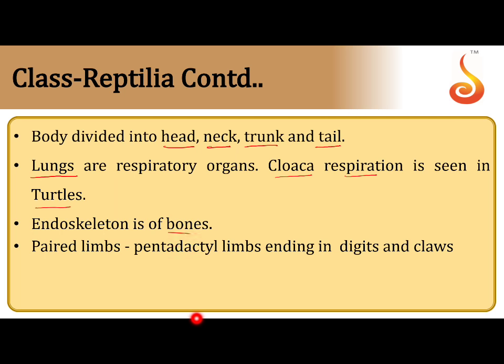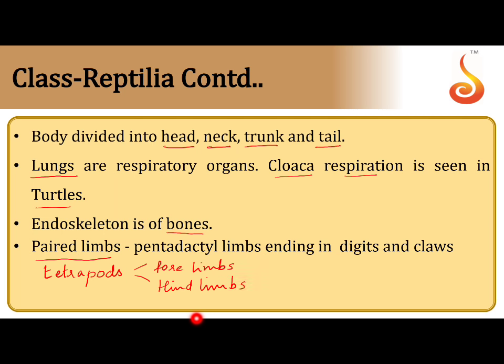Endoskeleton is made up of bones. Coming to their locomotory organ, they have paired limbs. They belong to the class of tetrapods, and hence they have forelimbs and a pair of hind limbs.